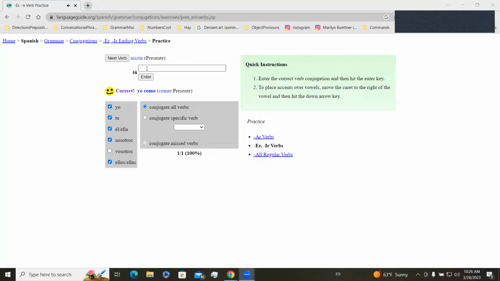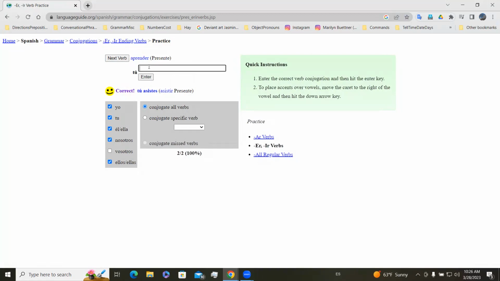So I want you to get the feel for how that's going to feel when you practice that on your own. Comer. Now it's giving us a different verb, asistir, and it's giving us tú: asistes. Tú asistes. It's going to give you the actual sound. Okay. Bien. It'll give you a new one, aprender.